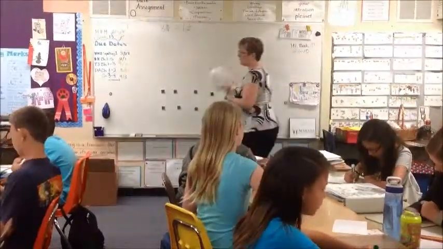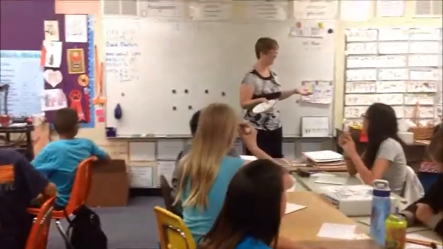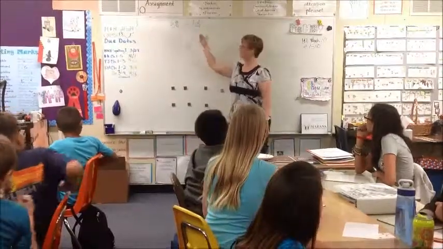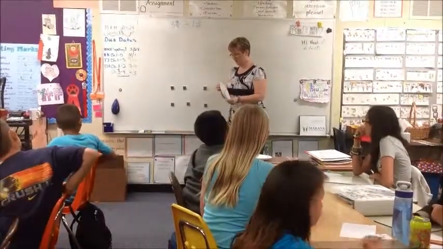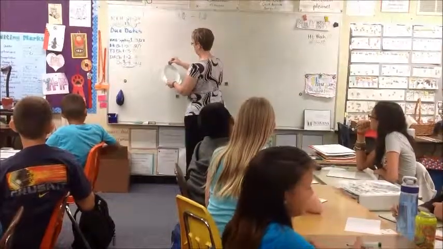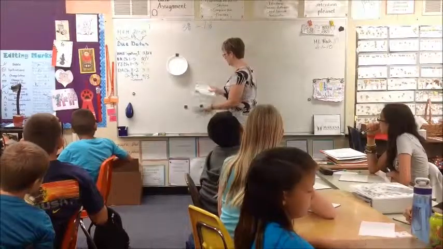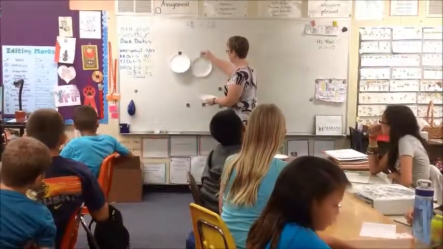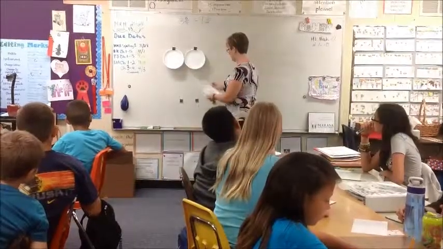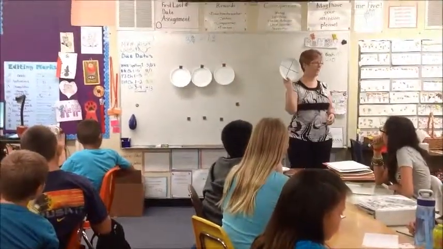Okay, so I have some paper plates, because they're cheap, and I can do that. It's super simple, right? Okay? So 3 3/4, easy, right? So here's 1 for my whole number, 2 for my whole number, and 3 for my whole number, and then 3/4.